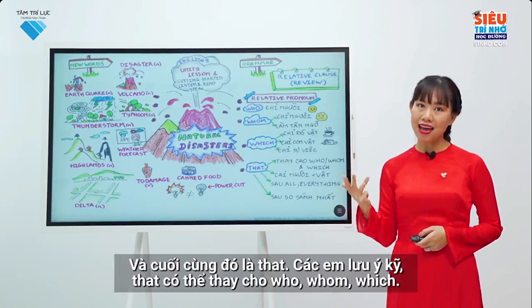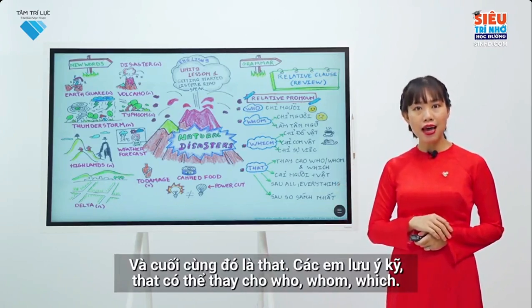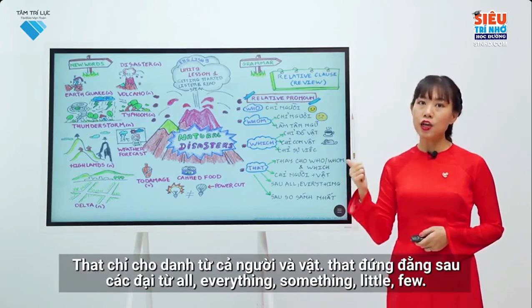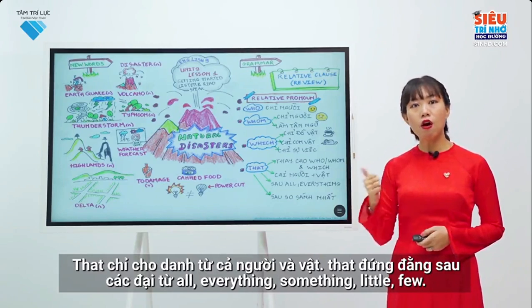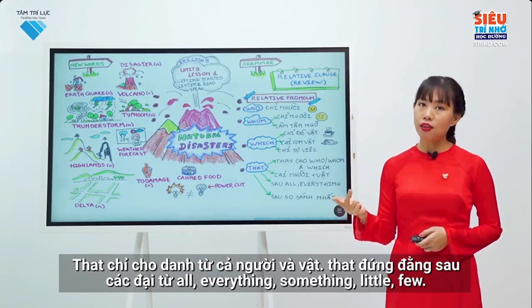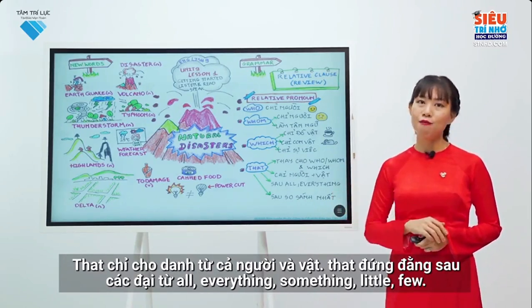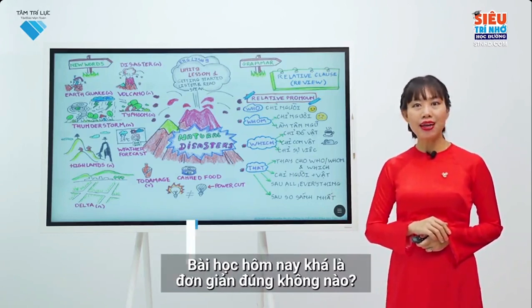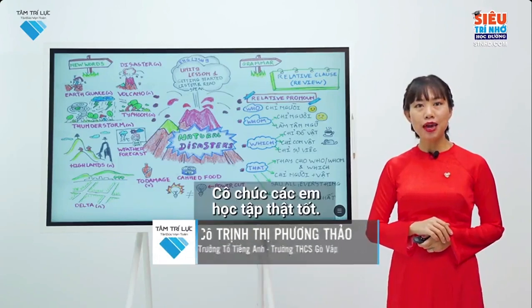And finally, that. Please notice that can replace who, whom, which. That can be used for both humans and objects. That is used behind pronouns like all, everything, something, little, few. And finally, that is used behind superlatives. Our lesson today is simple, right? I hope you will study well.